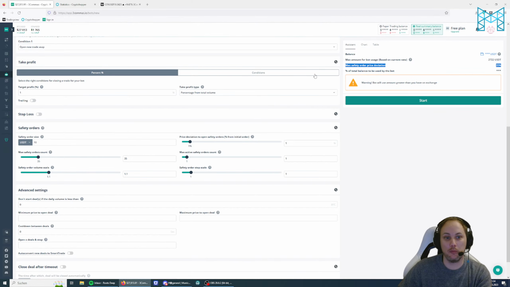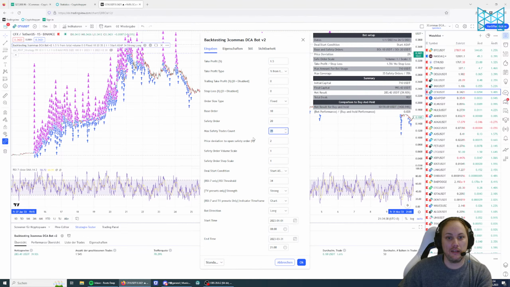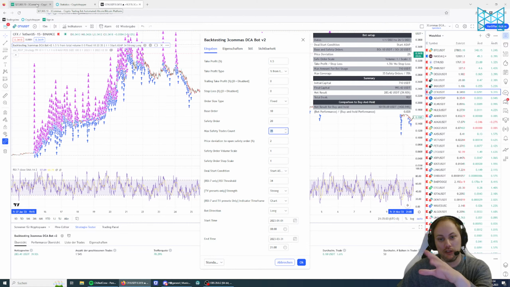Here now 35%. And the price deviation to open a new safety order: this means we have an initial first order, and then it's dropping 2% to open the next safety order, then another 2%. So you can imagine 2 multiplied by 35 is 70% drawdown. So if the coin drops 70%, we can still buy safety orders. And in this time, I'm pretty sure it goes high enough up to sell the position.